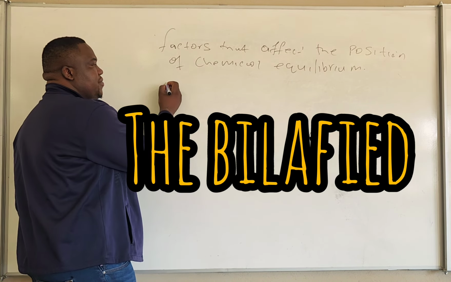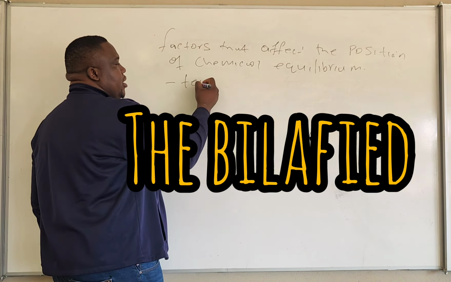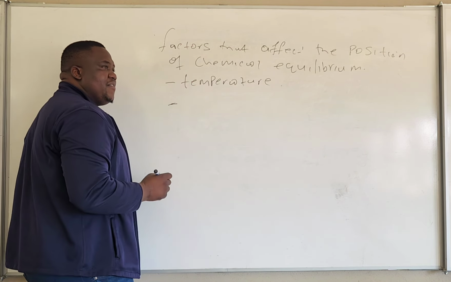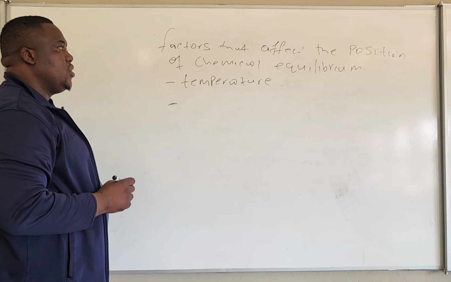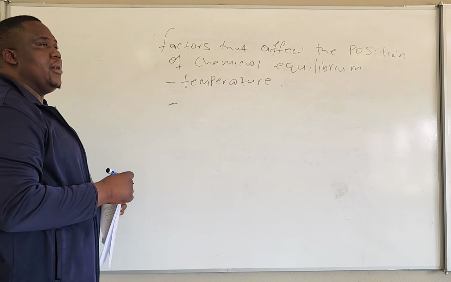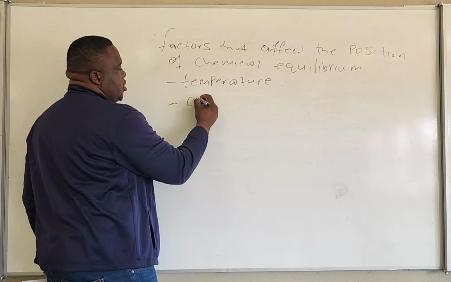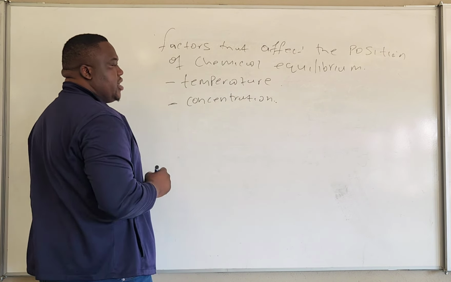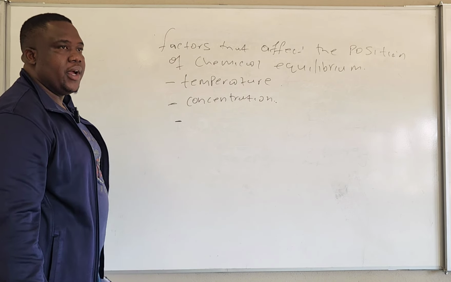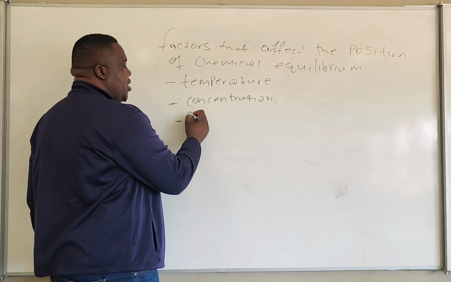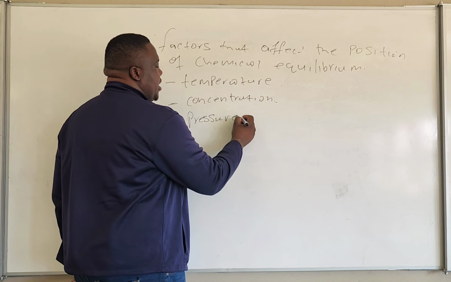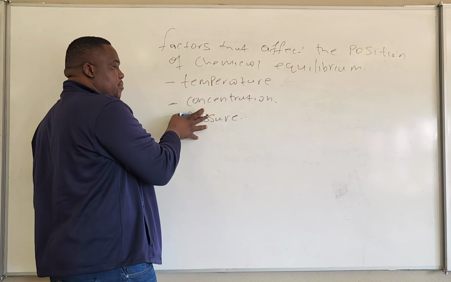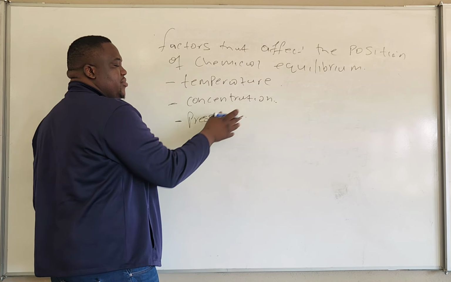Factor number 1 is temperature. It means temperature can affect equilibrium. Then we can talk about concentration. Concentration can affect the equilibrium. Then we talk about pressure. Pressure affects reactants and products that are in gas phase.